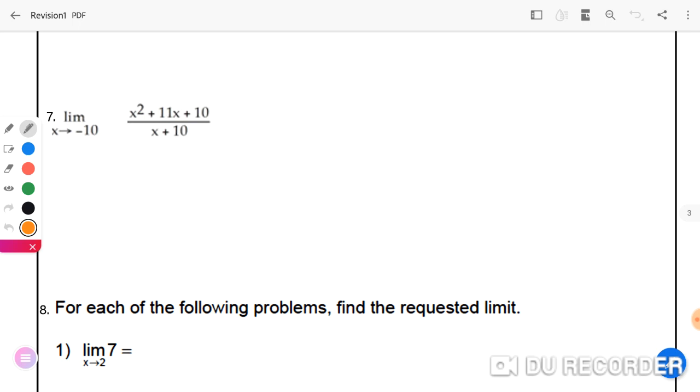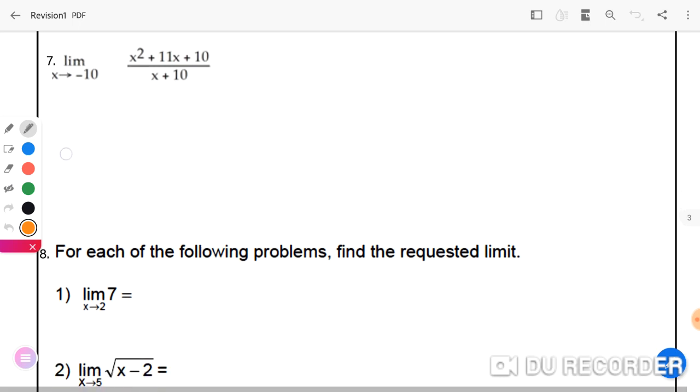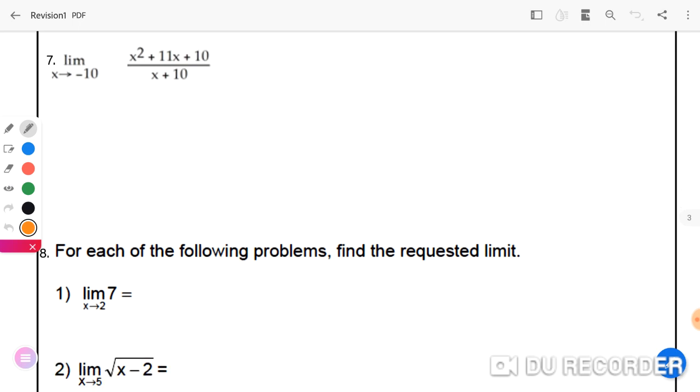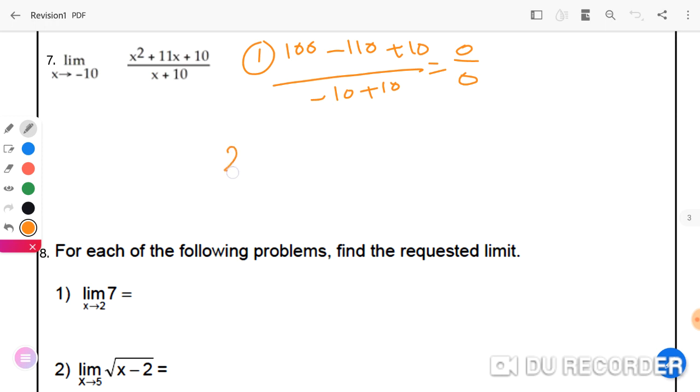For page 3, by the same way, substitute first. Maybe I will get a number, it will be 100 minus 110 plus 10 over negative 10 plus 10, it will be 0 over 0. Oh, in this case I have to continue. The limit exists.